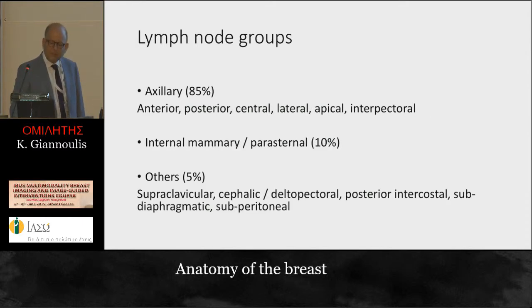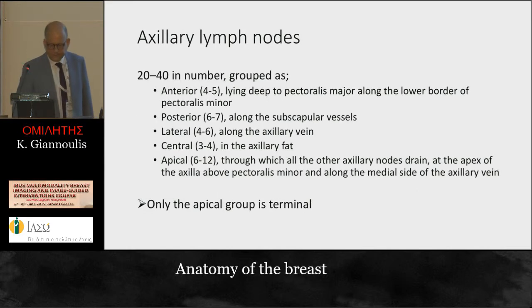Lymph flows mainly into the axillary lymph nodes, in part to the internal mammary lymph nodes, and in a very small amount to other lymph node groups, such as the supraclavicular, cephalic, deltopectoral, posterior intercostal, subdiaphragmatic, and subperitoneal.